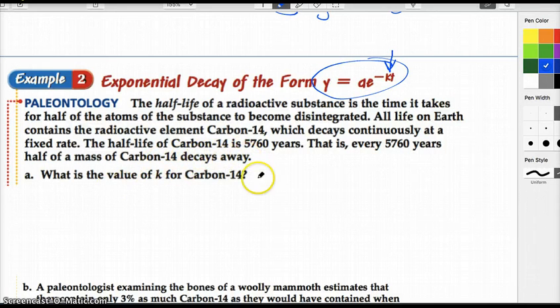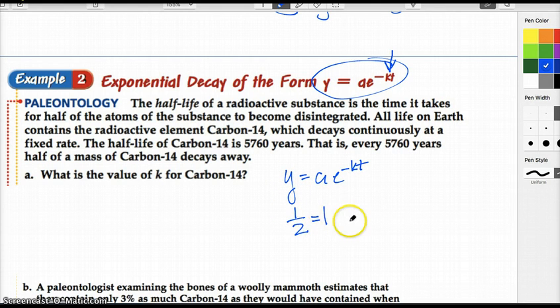So what is the value of K for carbon-14? We start off with y equals a times e to the negative kt power. If we had 1/2 of the original amount, 1, it would be e to the negative k, but it would take 5,760 years.